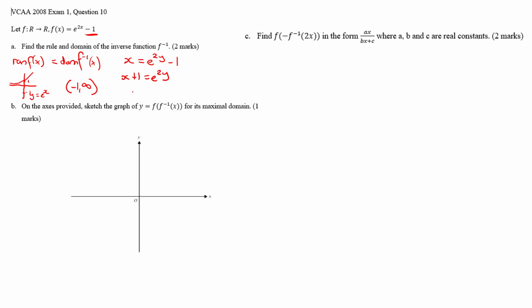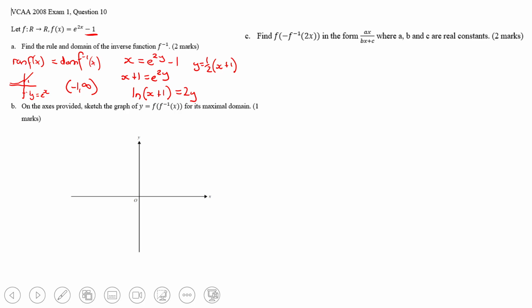We're using log with base e, I can just write it as ln x plus 1 is equal to 2y. So to get y by itself, I divide everything by 2, and I'll get y is equal to a half ln x plus 1.